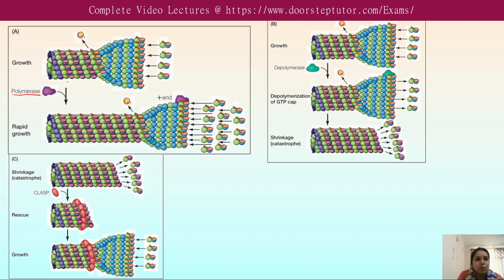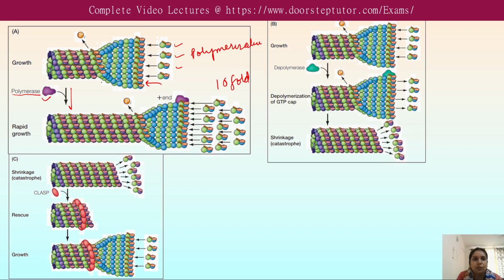When the polymerase is added to the microtubule, the addition of the dimer molecules attached with the GTP increases tenfold. As we saw earlier, only one molecule at a time is added to the microtubule as it undergoes polymerization.